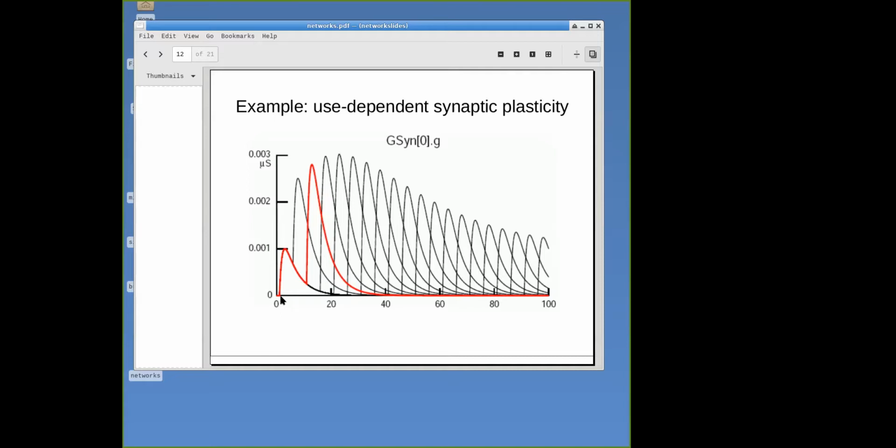So a naive synapse, a synapse that's been resting for a long time, hit with a single presynaptic spike, arrival of a single input event, produces a response of 1e to the minus third microsiemens peak conductance, which then decays like so. And you'll notice this rise time is not immediate. So this is a bi-exponential time course. So automatically we know that the time course of the synaptic conductance itself is described by 2 ordinary differential equations.